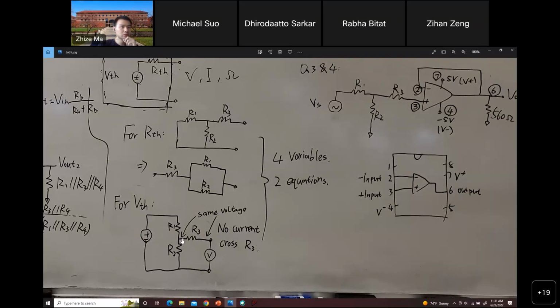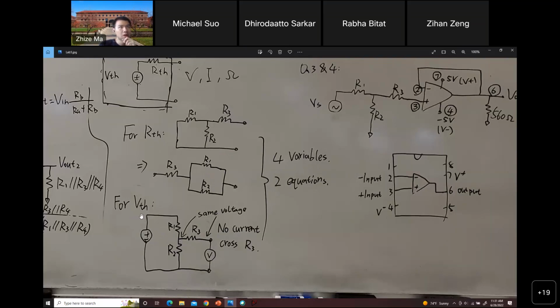So at the end, you will have four variables: R1, R2, R3, and also the VS. And you have two equations, one equation according to RTH and another according to VTH.